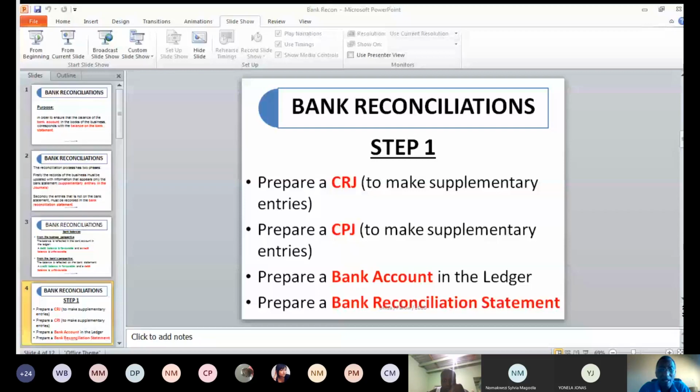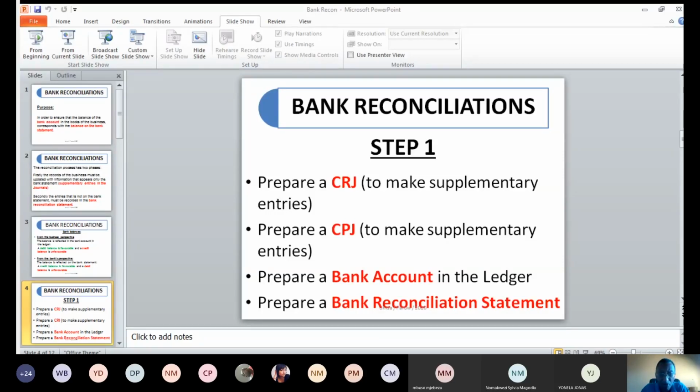Sometimes you can also get errors in your journal. In your cash receipts journal, perhaps there's an error, or in your cash payments journal, there's an error. Sometimes in your cash payments journal, you record an amount perhaps of 1,800, but the actual value of the check is 1,500. So you recorded 300 Rand too much in your cash payments journal.